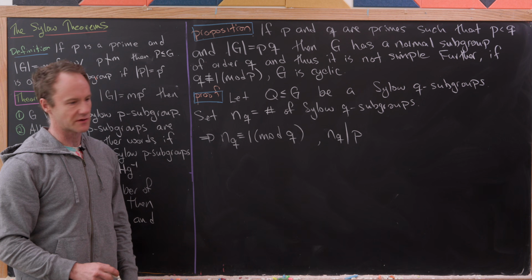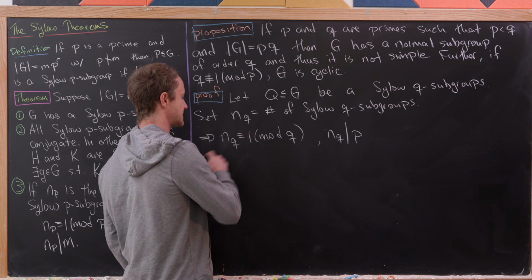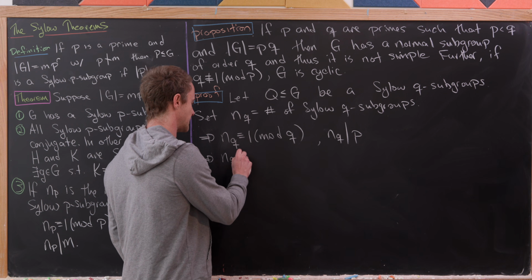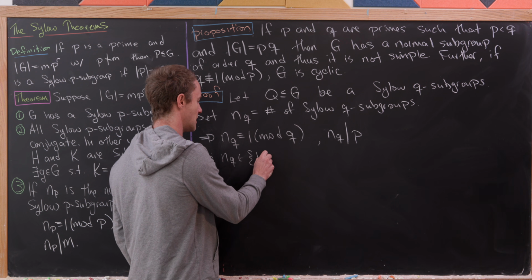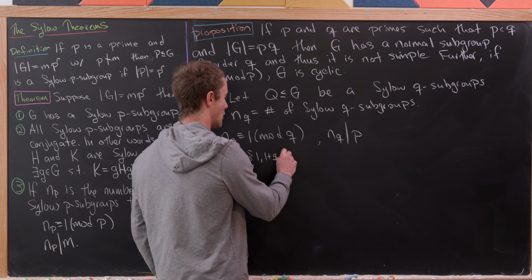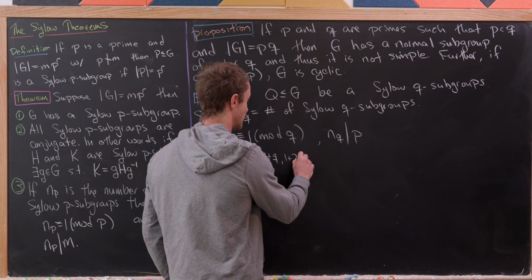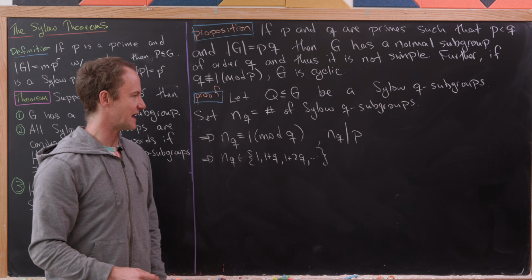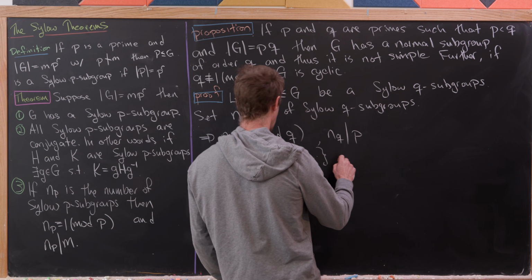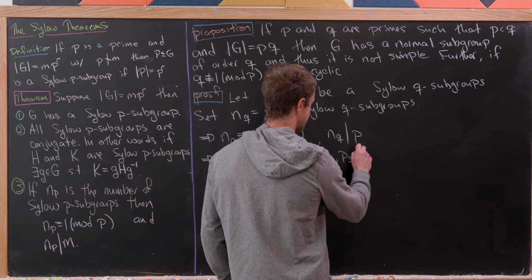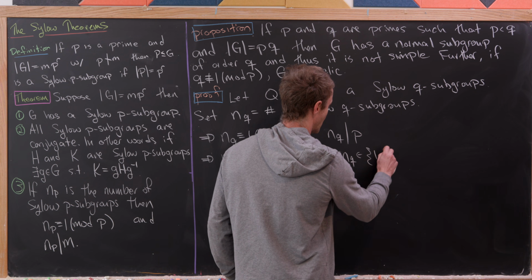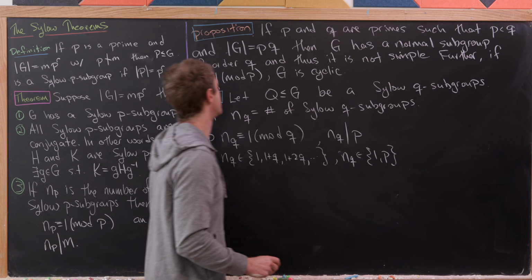But let's observe the following. This n_q is 1 mod q. That tells us that n_q must come from the set 1, 1 plus q, 1 plus 2q, and so on and so forth. But then the fact that n_q divides p and p is prime tells us that n_q can only come from the set {1, p}.